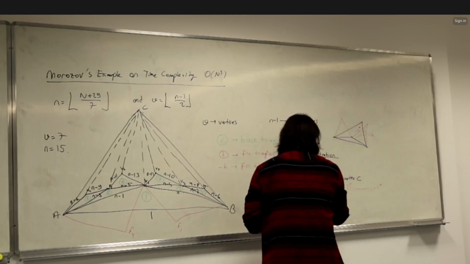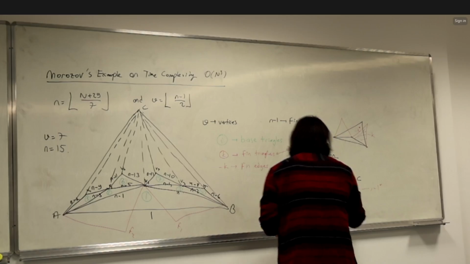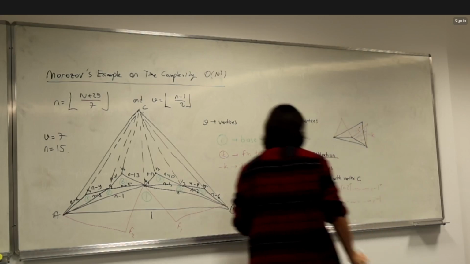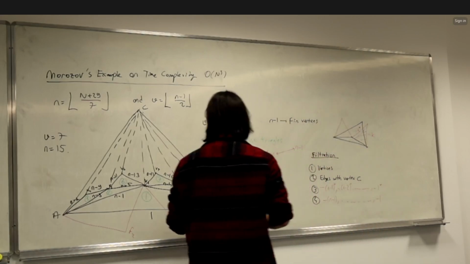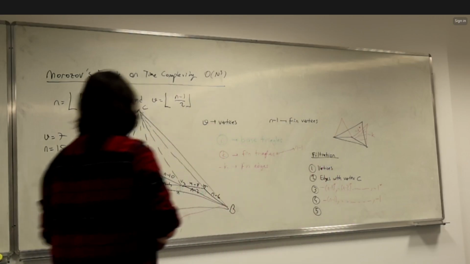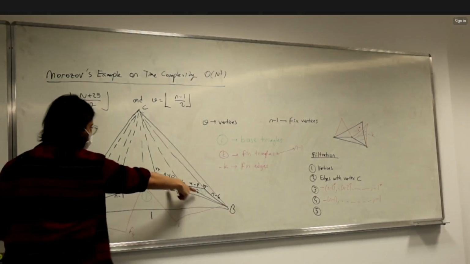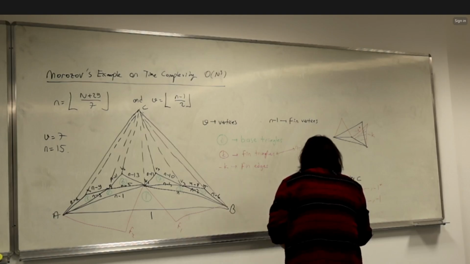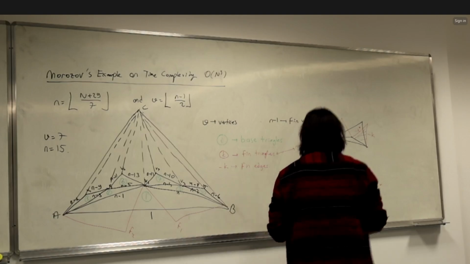Here again, it starts with minus n minus 1, and it goes until minus 1. At the fifth step, he starts putting the inside edges, say 1, 2, n.